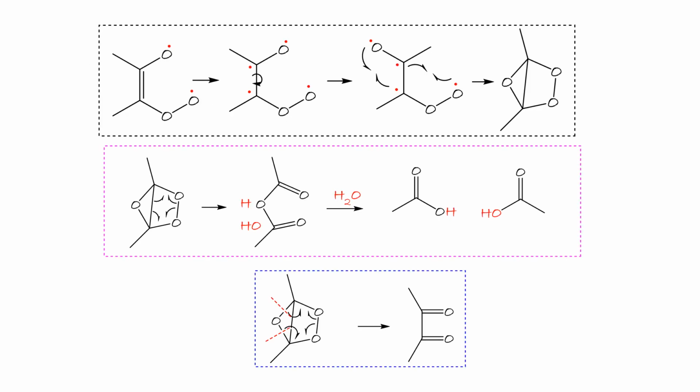Just to simplify, this is the biradical as an example of the ring opening product of the first step. Homolytic fission in here will give the biradical. Rotation around this single bond will give the radical in here. Oxygen and the carbon get together to form a three-member ring.